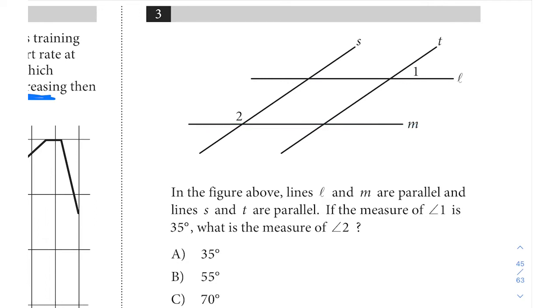So whenever you see this scenario, if you've got a couple parallel lines cut by a transversal, just remember that along that transversal, all your acute and all your obtuse angles will be correspondingly equal. So your acute angles will be equal to each other. If this is 35 degrees, that means this is also 35 degrees here, and this is 35 degrees here, and this is 35 degrees here.